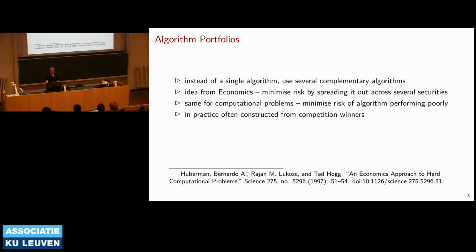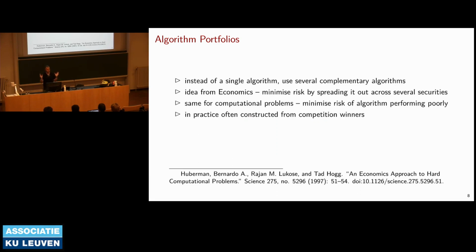And the name portfolio is inspired by economics. This was actually proposed by people from economics in a paper a long, long time ago, like 26 years ago now. And the idea here is similar to economics: to spread out the risk over multiple entities instead of relying on just one. So if you want to invest in the stock market, then maybe you don't want to put everything into Bitcoin, but you also want to put some money on Dogecoin or whatever the cool coin is.